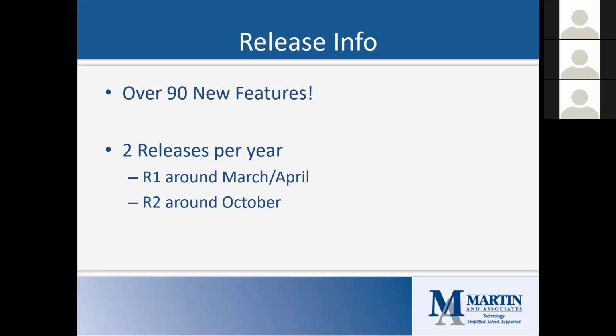It's like 300 pages, but it is chock full of all these new features and goes into a lot of good detail, explaining how to turn them on, how to set them up, how to use them. So it's actually pretty handy as far as release notes go. I say that about software release notes, but this one's pretty good.